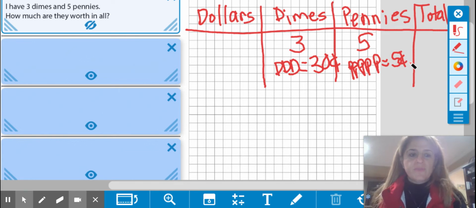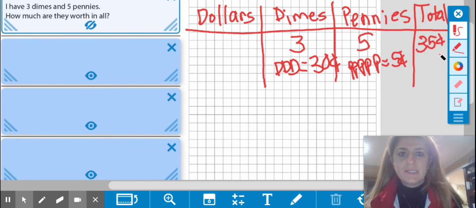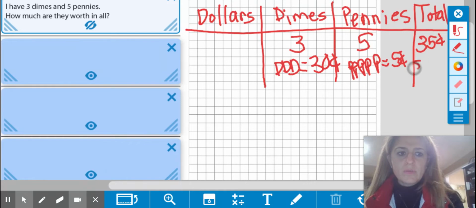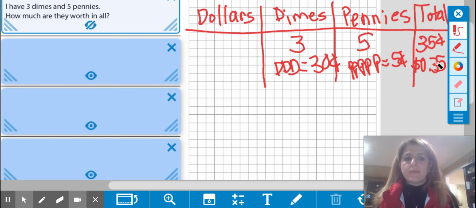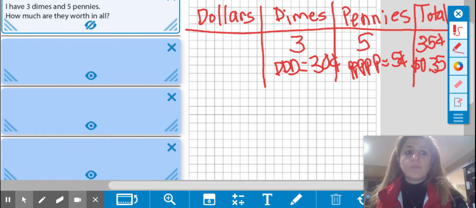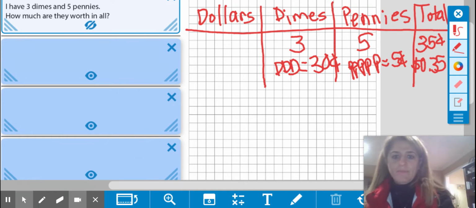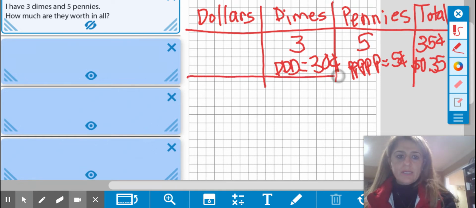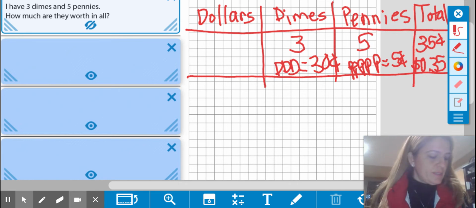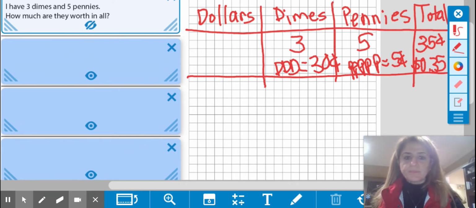And we know 30 plus 5 is 35 cents. We write it like this with the cent mark, or if you use the dollar sign and you do $0 and then 35, and you don't put a cent mark at the end. So if you use a cent mark, then it's 35 cents. If you use a dollar sign, it's 0.35. Okay, and you can put a line underneath. That is the first problem.